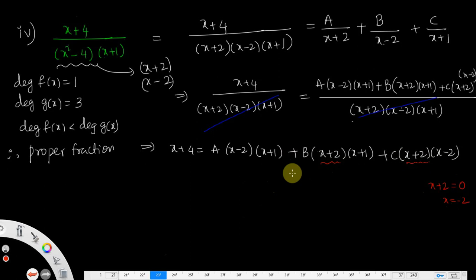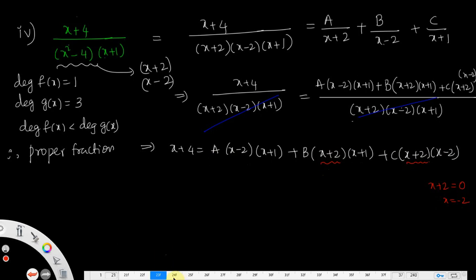So solving the very easiest, one simple logic, for finding the value of a, you can make b as 0 and c as 0. That is why in this we can observe x plus 2 as a common factor. So let us make x plus 2 equal to 0, then substitute in the expression, put x equal to minus 2, then the b term becomes 0, the c term becomes 0, then you get the value of a.